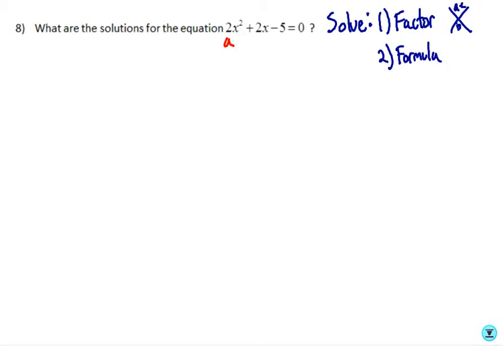So here's my A, B, and then C. Let me see if I can factor this thing. A times C would be -10, because 2 times -5 is -10, and you've got a 2 on the bottom. I'm looking for two numbers that multiply to -10 and add up to 2. Well, I could do 10 and 1 and play with the signs, but that won't get you anywhere near adding up to 2.